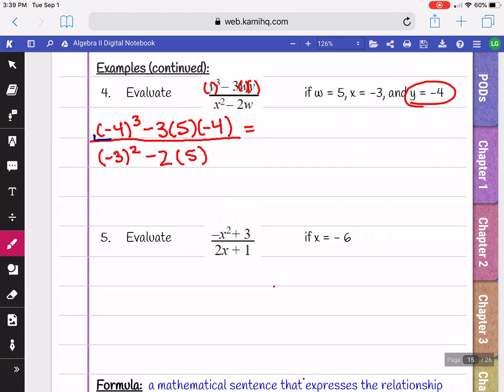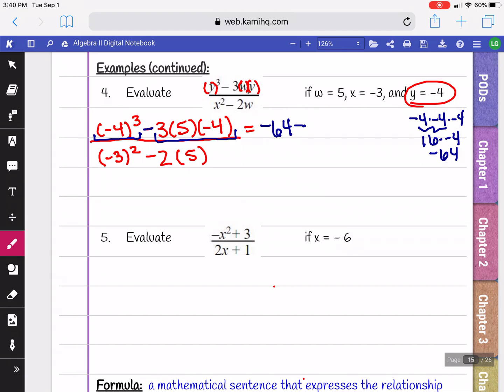Let's make that smaller. Negative 4 cubed means we're doing negative 4 times negative 4 times negative 4, which becomes 16 times negative 4, or negative 64. Then I'm going to put this minus, and here we're multiplying all this piece.